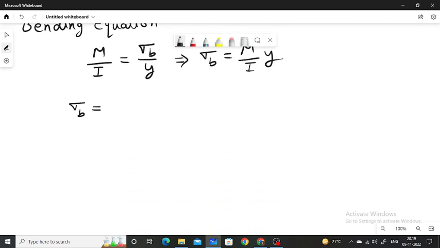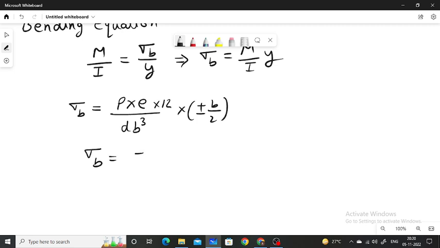Sigma b is equal to P into e upon dB cube by 12 into plus minus b by 2. So the bending stress will be equal to plus minus 6 Pe upon dB square, or it can be 6 Pe upon d into b, the cross sectional area, multiplied by b.